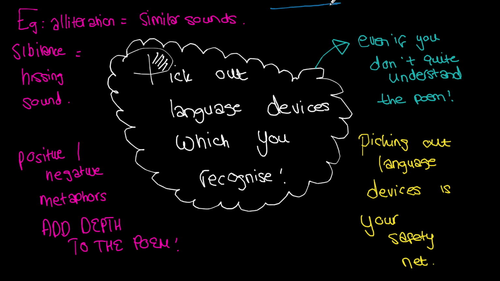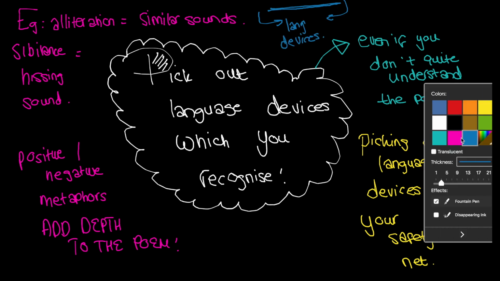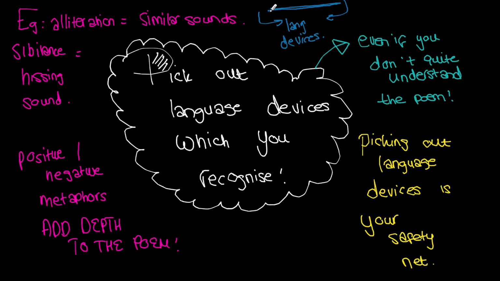Say the poem is this line. These language devices are underneath that line. They're that bit underneath which add depth, which give you more substance, which make you look at the meaning behind the poem. So the language devices add that extra layer, extra depth, extra boost to a poem, and it gives you a better understanding of what the poem is about.